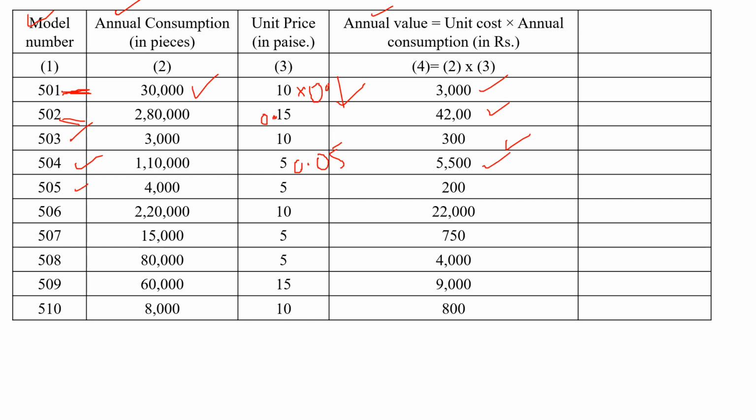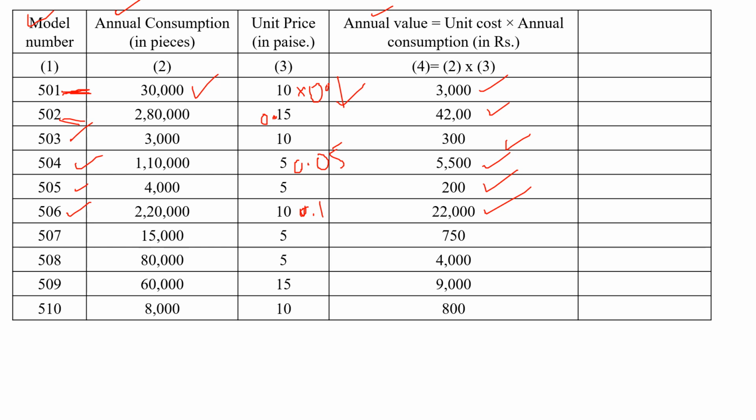Next the fifth item, model number 505: 4,000 into 0.05 gives 200. Next the sixth item, model number 506: 2,20,000 into 0.1, since 10 paise is 0.1 rupee, gives 22,000.